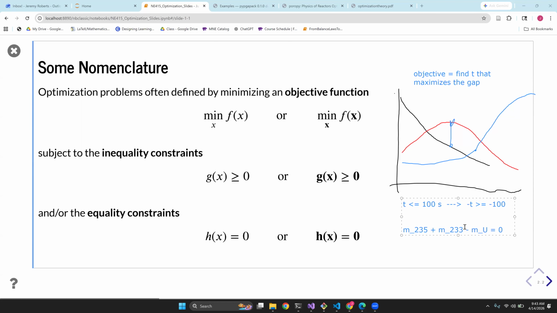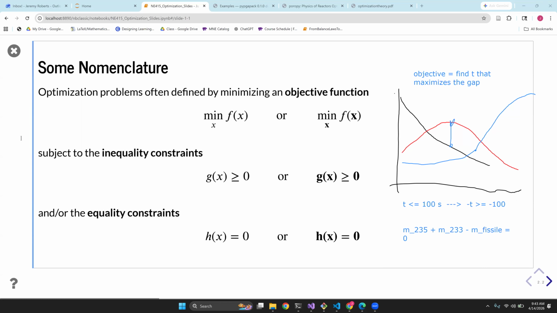Another one would be plutonium 239. Maybe this has to be true, right? Where the sum of your mass of 235 and your mass of 233 has to be equal to some combined mass. Maybe for whatever reason, you have to have exactly that mass. I don't know why you would in this case, but that sort of constraint would show up very nicely as an equality constraint.